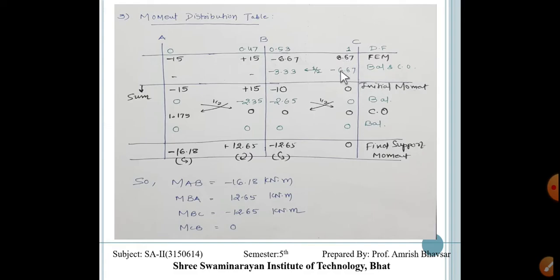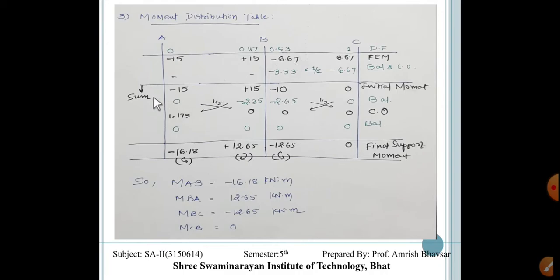To balance this 6.67, we put minus 6.67 here, so we get 0. But whenever we take some balancing moment, half of it is carried over to the other joint. So here at C we have taken minus 6.67, then half of this at B is minus 3.33.